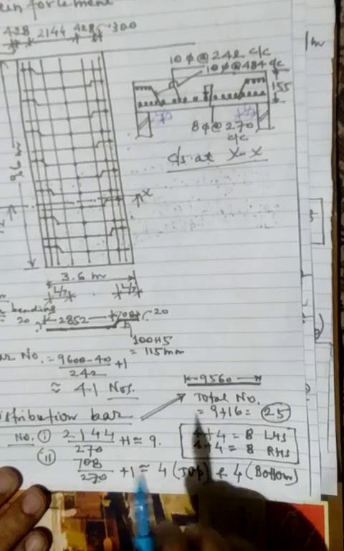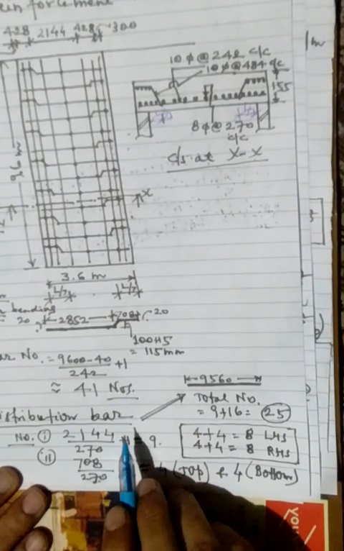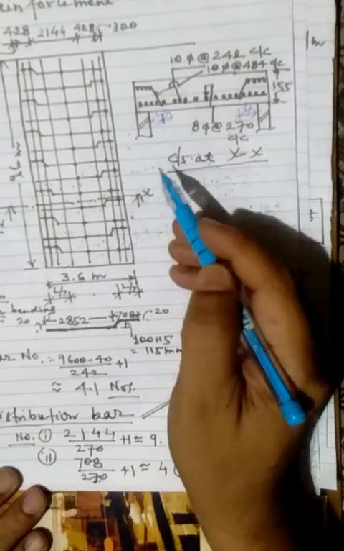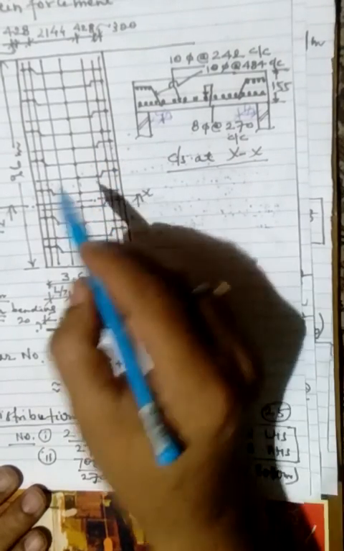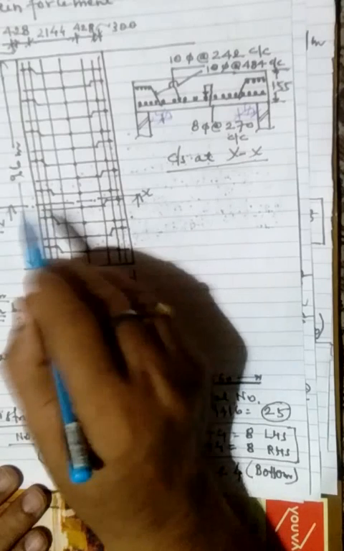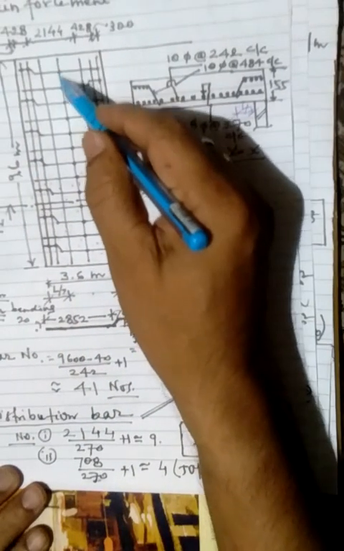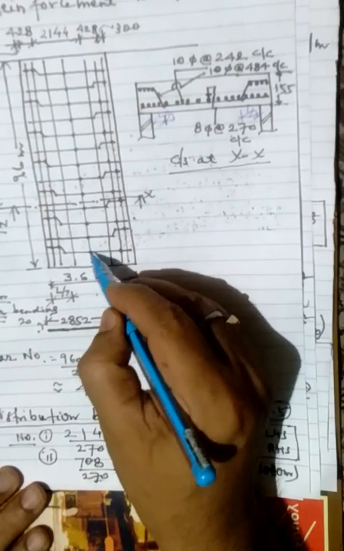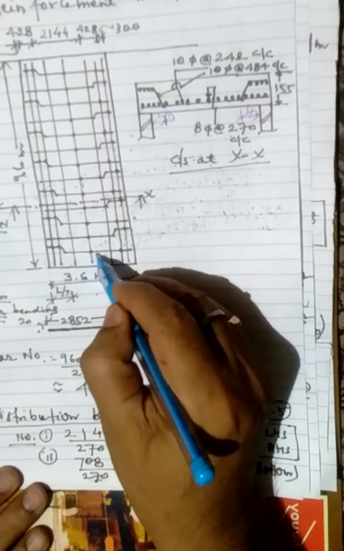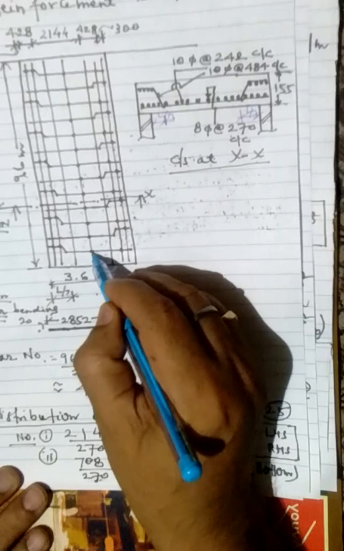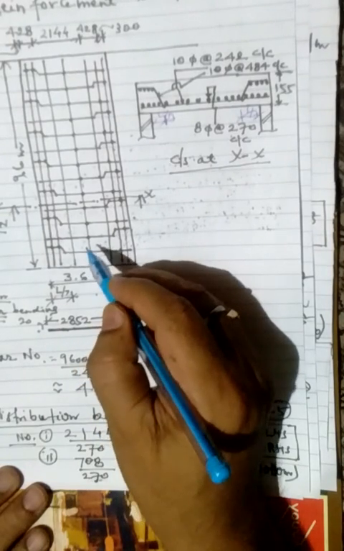Next, for the distribution bar, there is no bent up in distribution bar. It is provided on the top of the main bar, just like, if you see, these are the main steel. On the top of this is the straight distribution bar, and these knots we see in the bars are tied. Both the main steel and the distribution bars are tied at every junction.